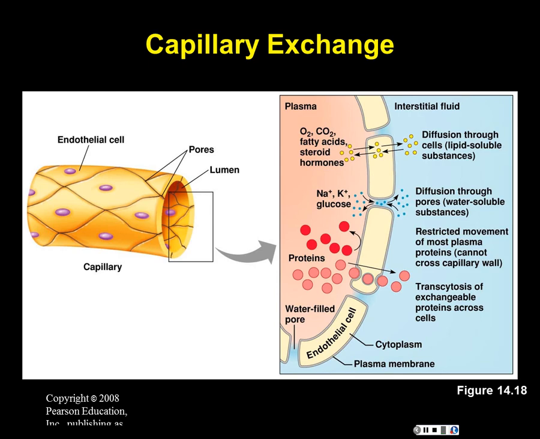We're going to continue on with chapter 14. I'm going to hang around the capillary a while because the capillaries are so critical to delivering our nutrients and exchanging materials with our tissue. So we really need to understand how a given capillary functions, especially when we go to where we're going next week.